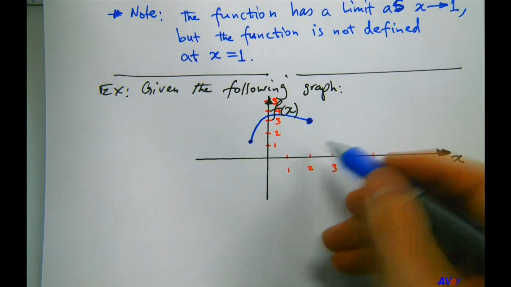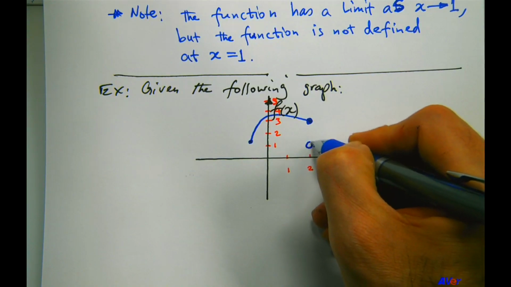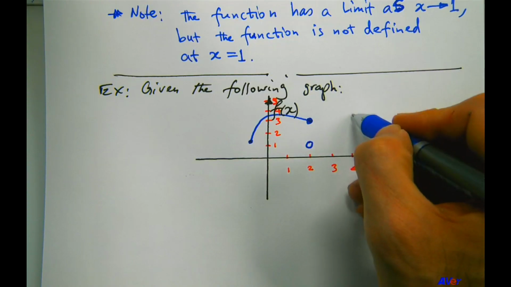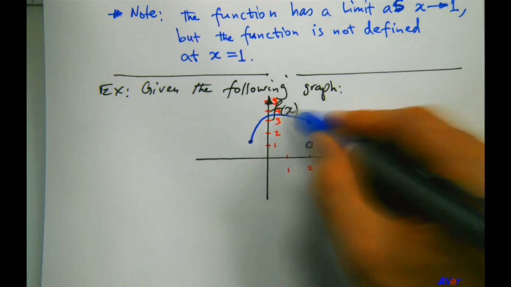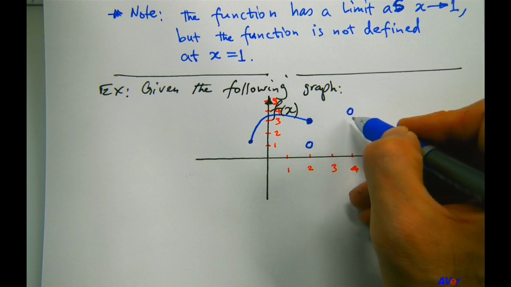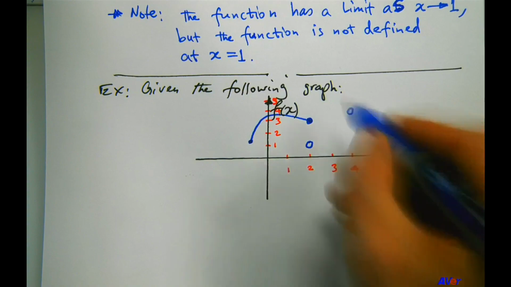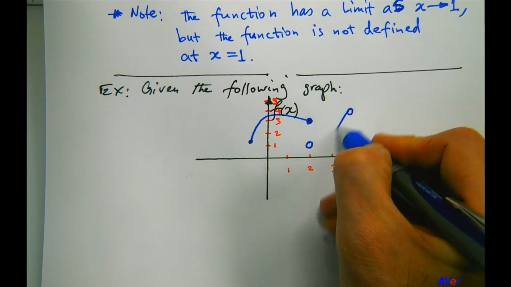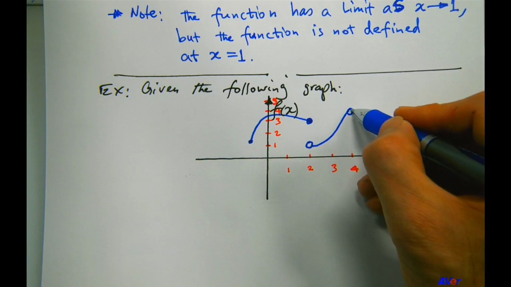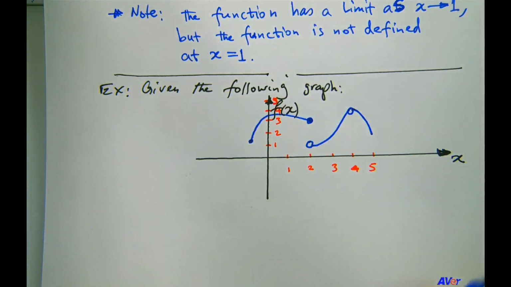And then another piece of this graph starts here, let's say here at 4 and 4, like here, like that. And then like that, and then finally like that. Okay, so this is the graph we are given.